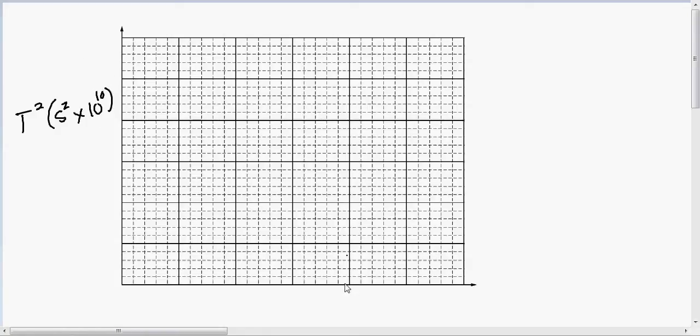And the x value is r cubed, which is meters cubed times 10 to the 25th. And we find that the highest values for both of these is 6. So starting from 0, 1, 2, 3, 4, 5, 6.